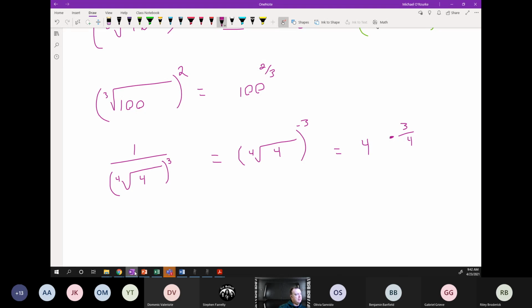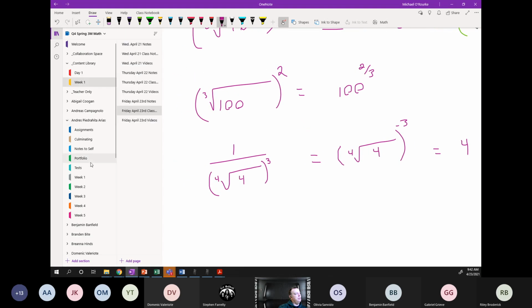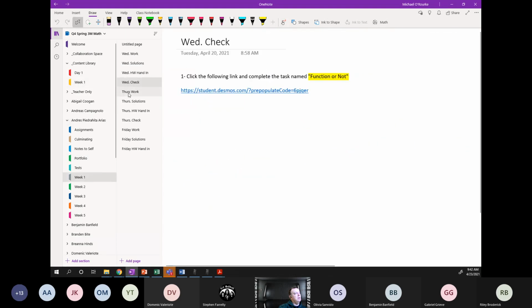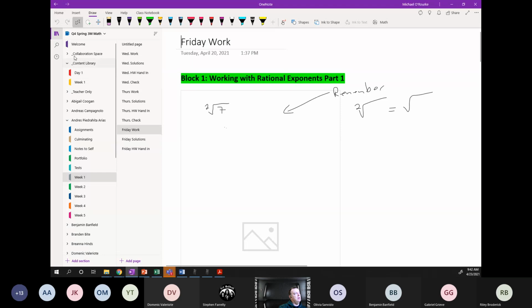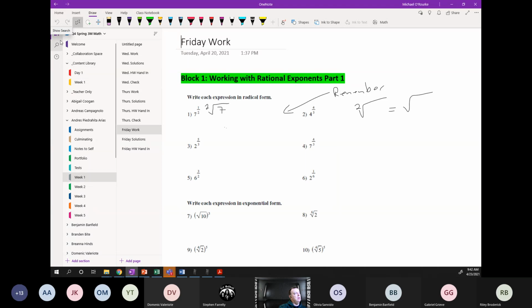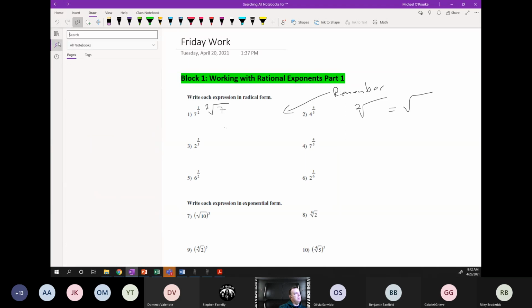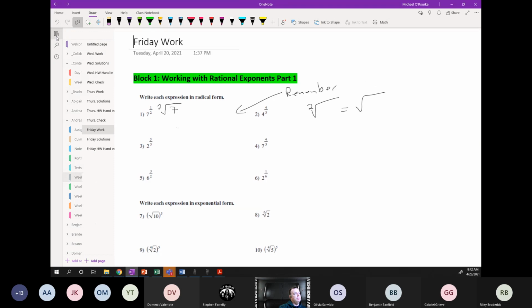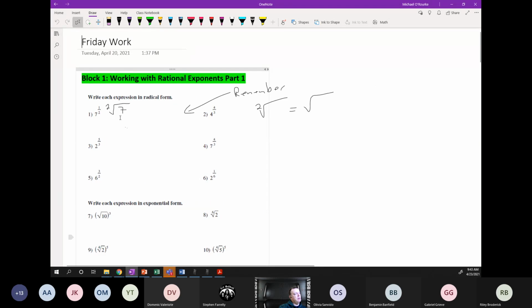Is that pretty much today's lesson? I think there's one more thing I need to teach you. Let's check your homework. So write the expression. The first question's going from exponent form to radical form. Radical is just the root.